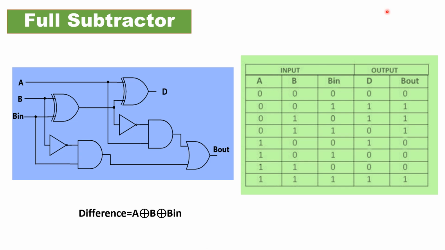The XOR operation is ideal for binary addition and subtraction as it gives the correct difference for every possible combination of the inputs. When A is equal to 1, B is equal to 0, Bin is equal to 0, the difference is 1. And when A is equal to 0, B is equal to 1 and Bin is equal to 1, the borrow is recorded here and the difference is 0.